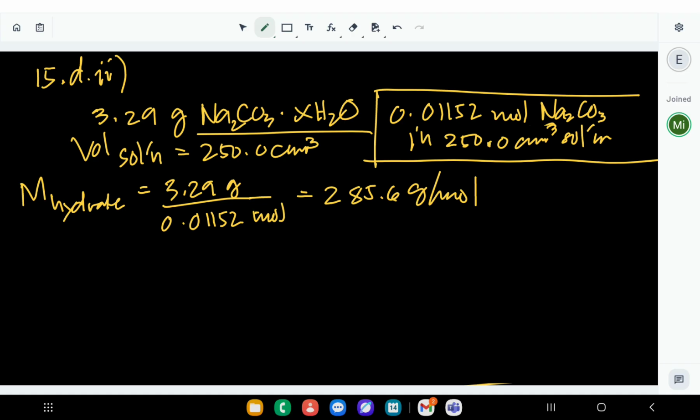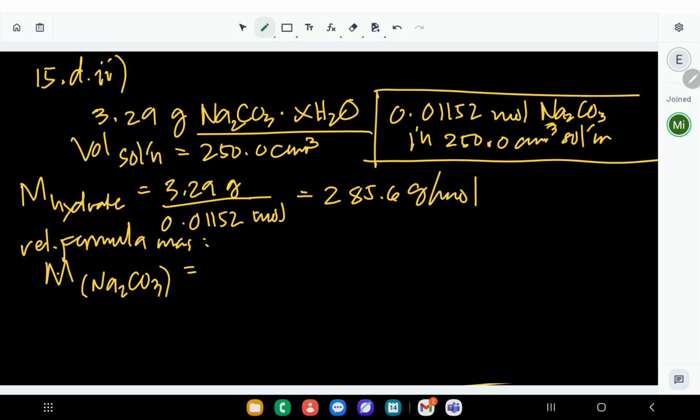Then the next thing we do is we get the relative formula mass of anhydrous sodium carbonate, Na2CO3, or just the molar mass.